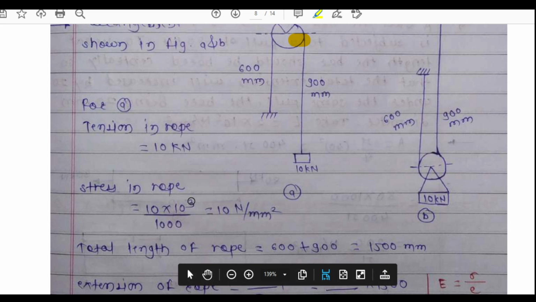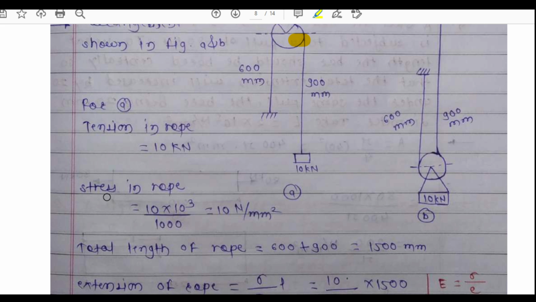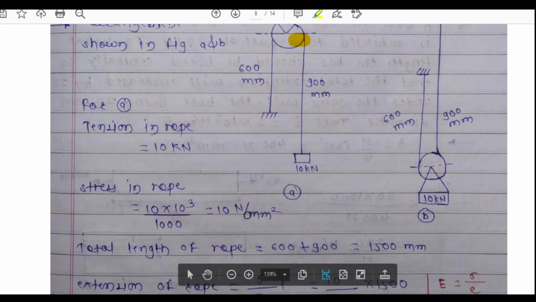Now area of cross section of that rope is given as 1000 mm square, so convert this 10 kilonewtons into newton, 10 into 10 raised to 3 divided by your area 1000, so we'll get this stress equals to 10 newtons per mm square.